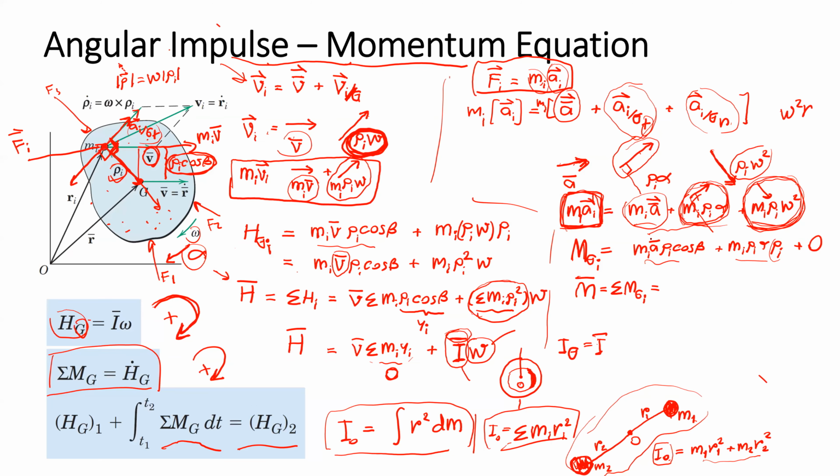For this one, A bar is constant, and we have the sum of m_i rho_i cosine beta. For this one, alpha is equal for all the particles. We have the sum of m_i rho_i square.